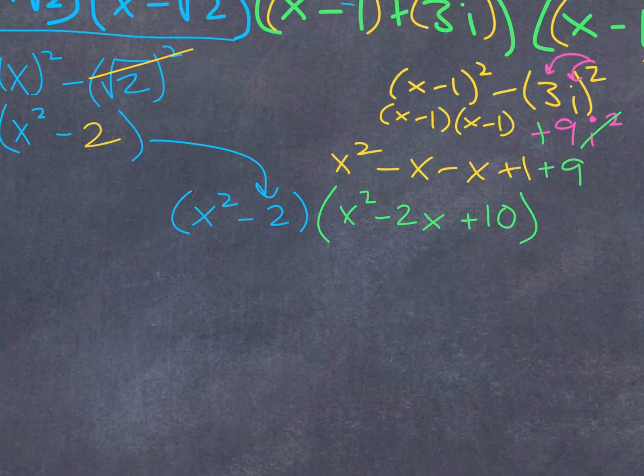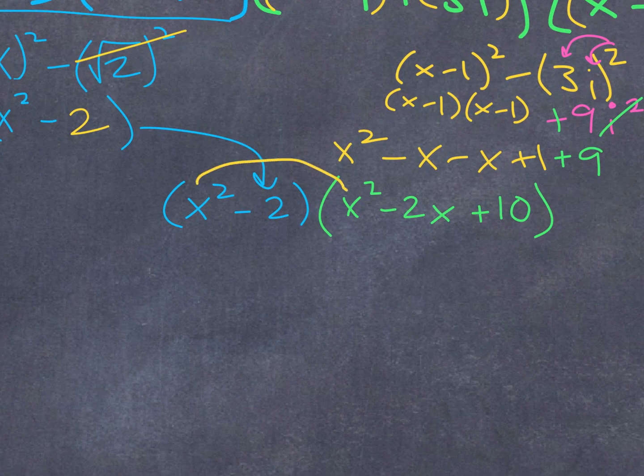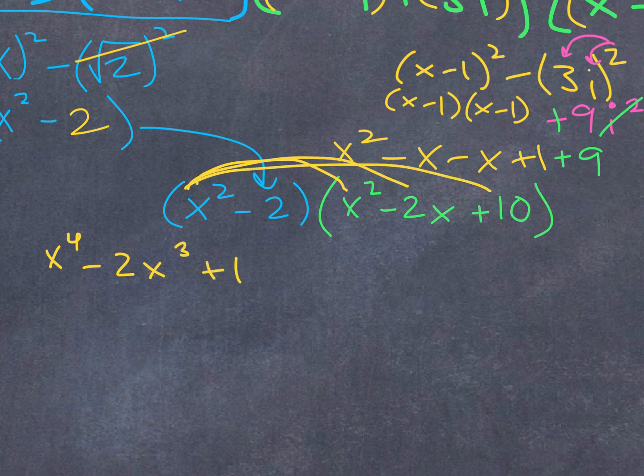So let's multiply these two together. What's x squared times x squared? X to the 4th. Then x squared times negative 2x is negative 2x cubed. X squared times 10 would be plus 10x squared. Then negative 2 times x squared is negative 2x squared.